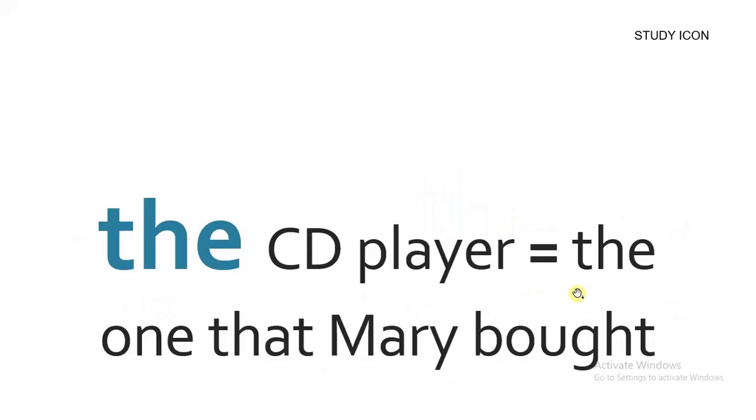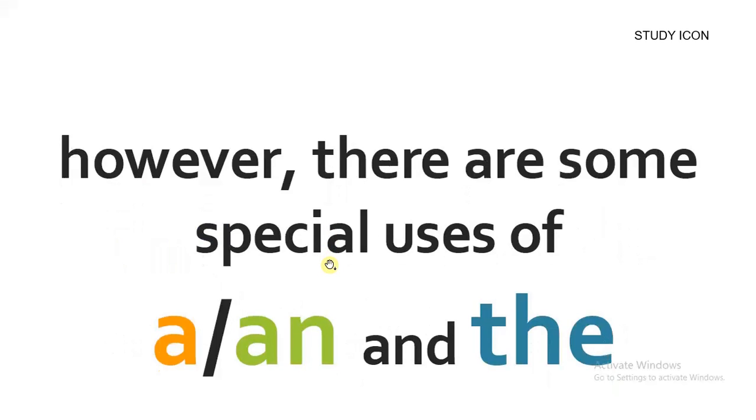The CD player, the one that Mary bought. Here the second thing is given, the CD player is specific now. It is clear that the CD player is Mary's. That's why we are using the here. If it is not clear, then we will use a or an.